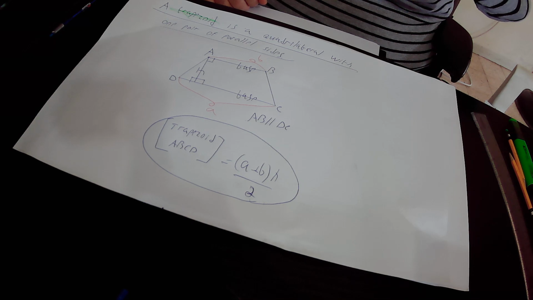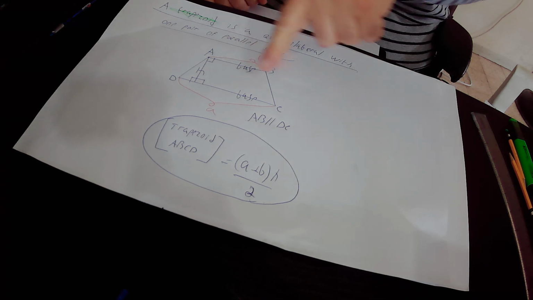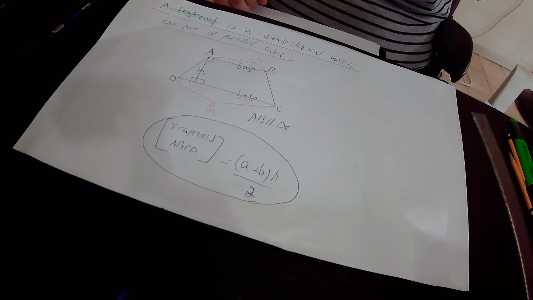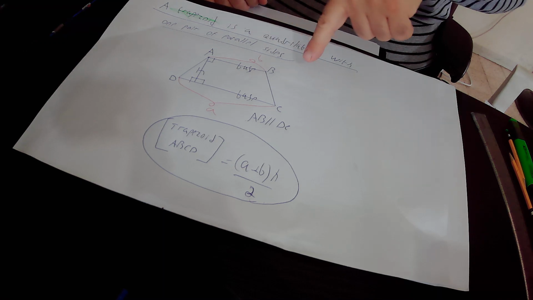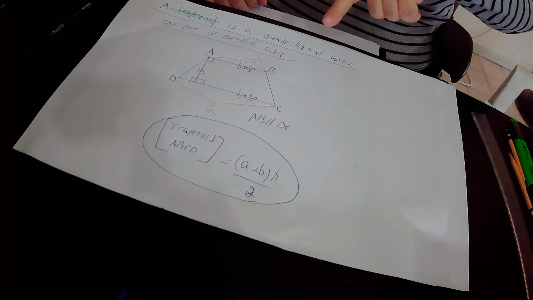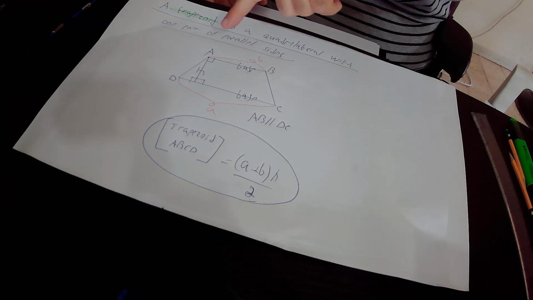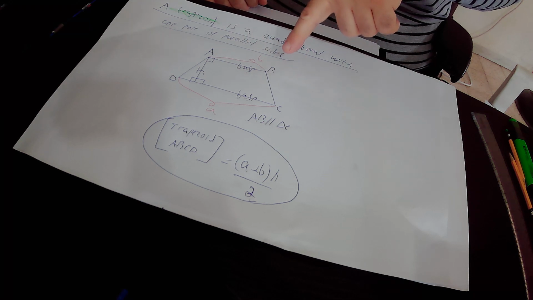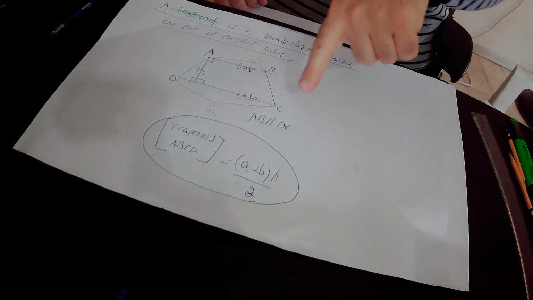And therefore, this quadrilateral ABCD is defined as a trapezoid. The two parallel sides, that is to say AB and DC, are defined as the bases of trapezoid ABCD. So AB is the base and DC is the second base.